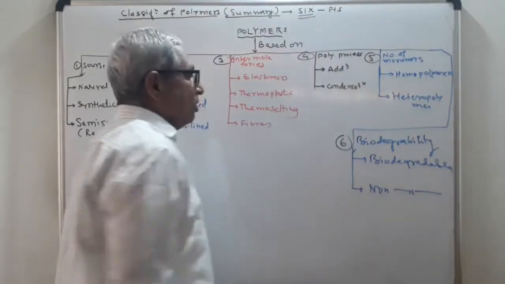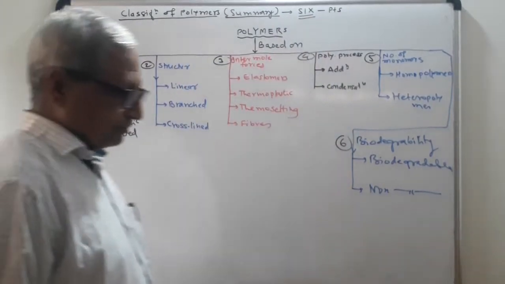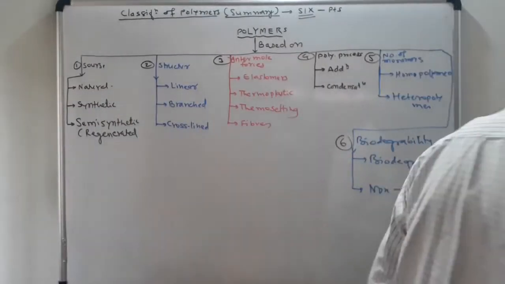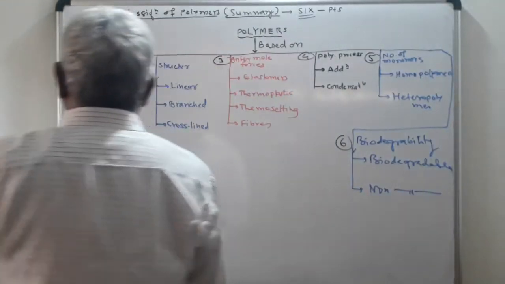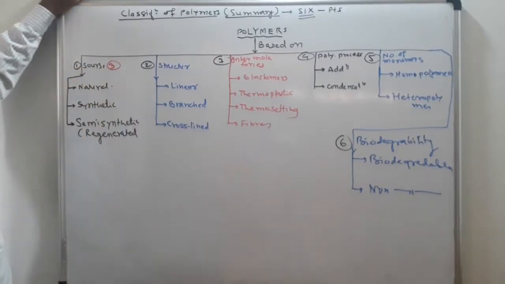And see, these are the 6 points. First is the source, that is, from which they are derived. They are classified into three types. One is natural polymers.